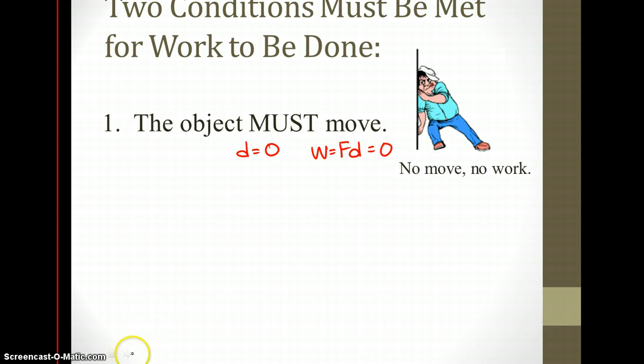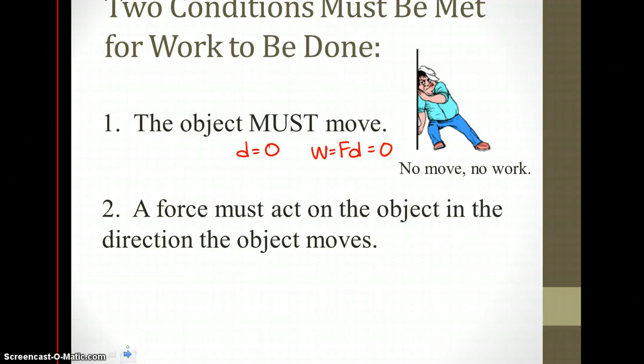If it doesn't move, there's no work. The second is that the force must act on the object in the direction that the object moves. Again, we are looking for the component that's going to be parallel to the motion of the actual object. If force is perpendicular to the actual motion, then no work is done.